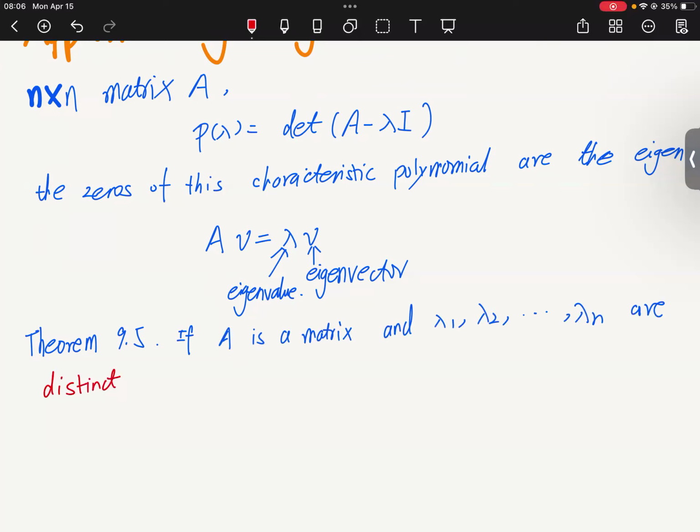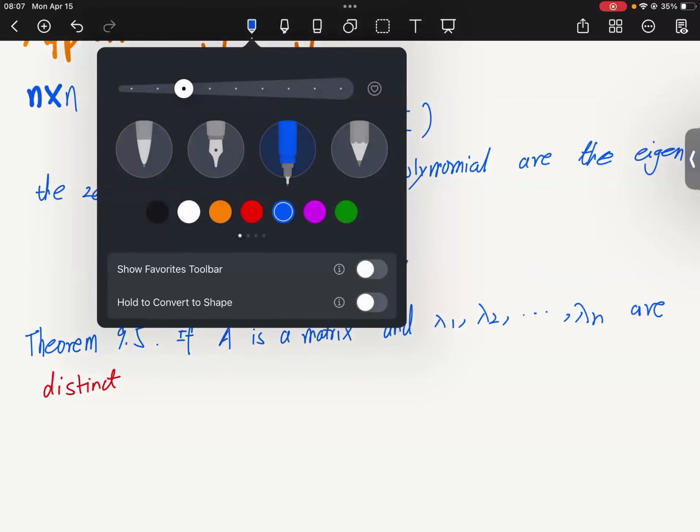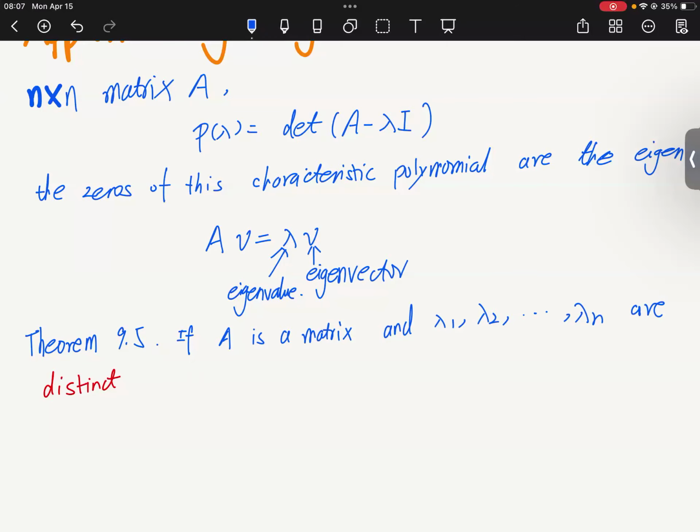Sometimes the eigenvalues could be lambda 1 equals lambda 2, and the other ones could be different. But here we require that in this theorem, all the eigenvalues are different from each other. They are distinct eigenvalues.